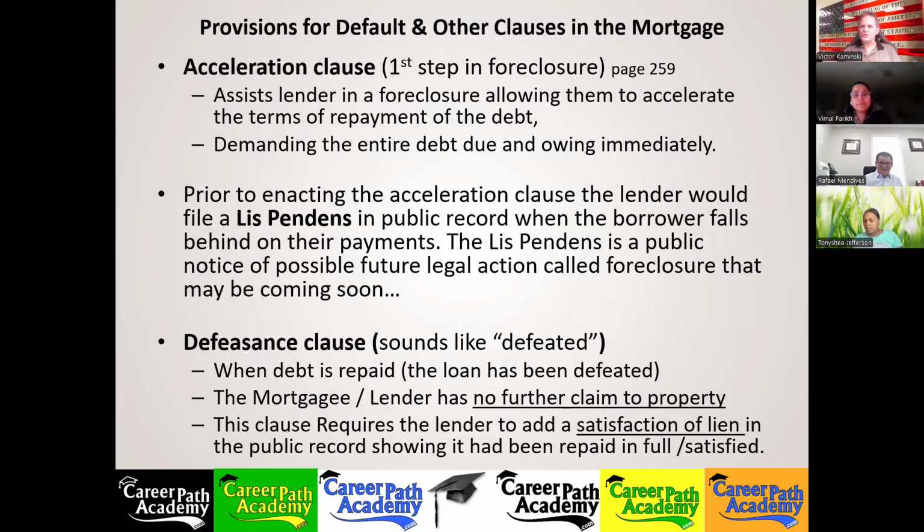So now anybody searching the public records can see, oh, this person got a lien on the property, and they got a satisfaction of lien. Okay, so that lien was paid off. That's why they never remove a document from the public record. They just add more documents. Hopefully your lender didn't forget to add the satisfaction of lien. So your attorney should make sure that it does get recorded.